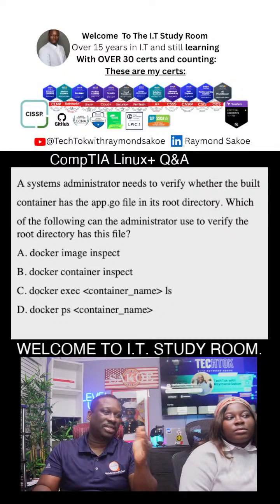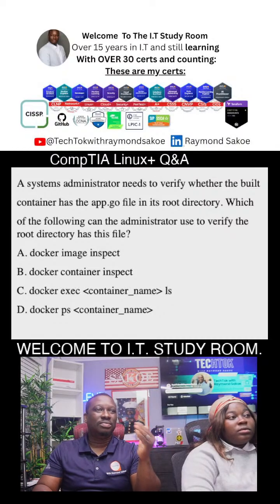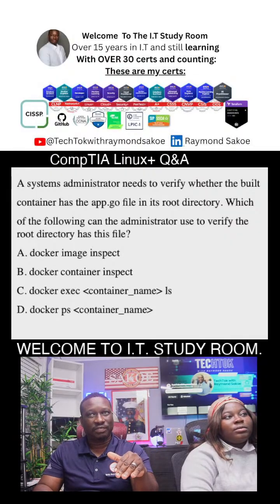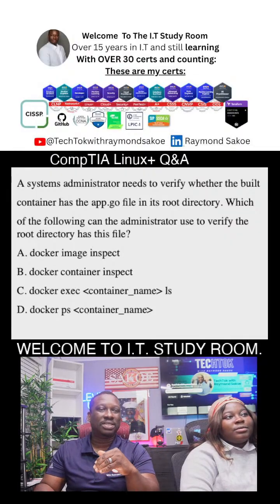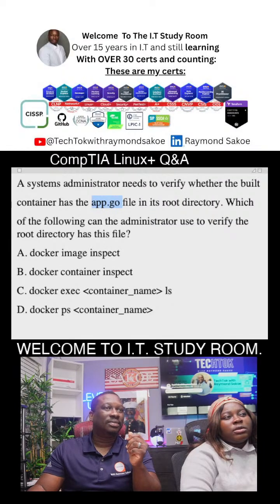So it's 3 different layers: you have your regular file, you build an image out of the file, and then you create a container. So now the question is saying you want to verify if the image that you built has this specific file.